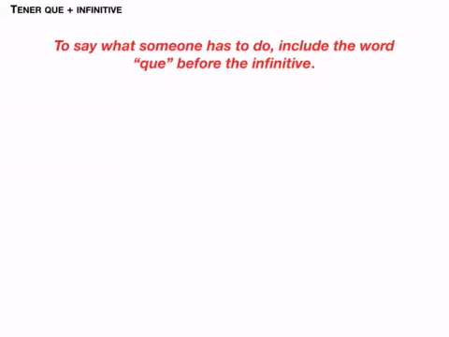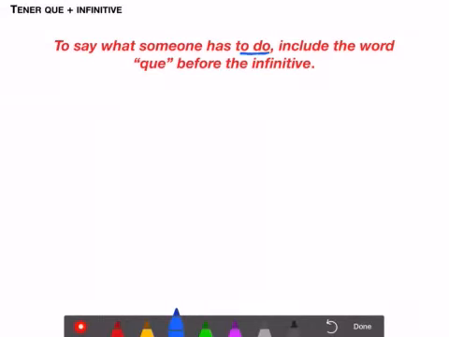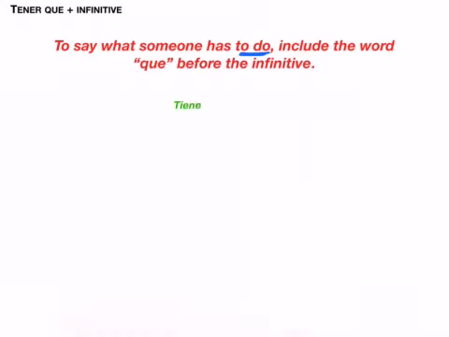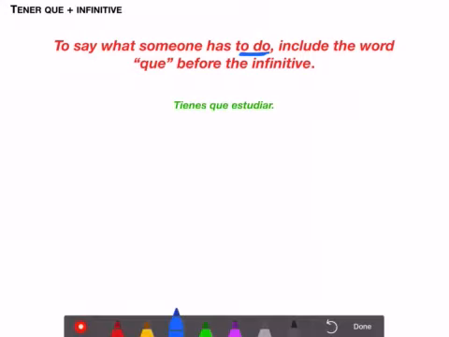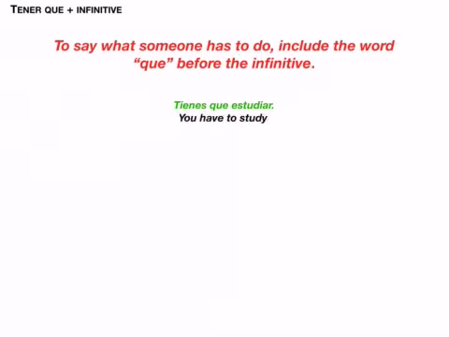Finally, let's talk about tener que plus infinitives. To say what someone has to do, that is the infinitive, include the word que before it. So when they say tienes que estudiar, literally that means you have, that doesn't have a translation, to study. You have to study. They put the que in there because it sounds better to them.